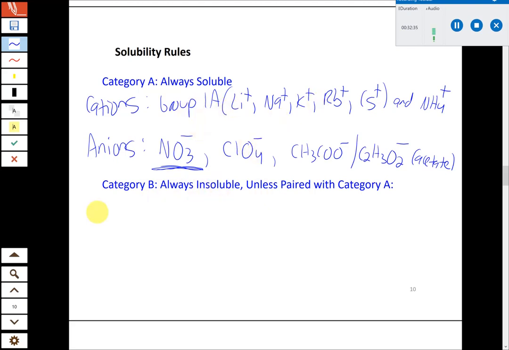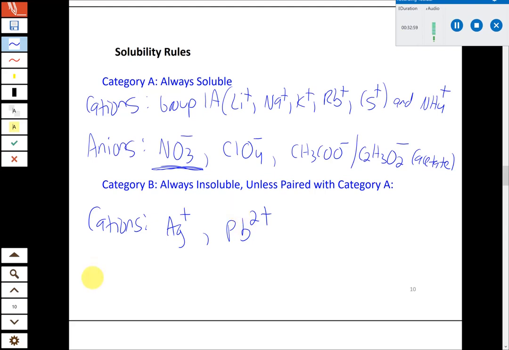The cations that fall into this category are silver plus and lead 2+. Any ionic compound that has silver plus or lead 2+ will be insoluble unless the anion is NO3-, perchlorate, or acetate. Unless it's one of these anions, these will give insoluble ionic compounds with any other anion.